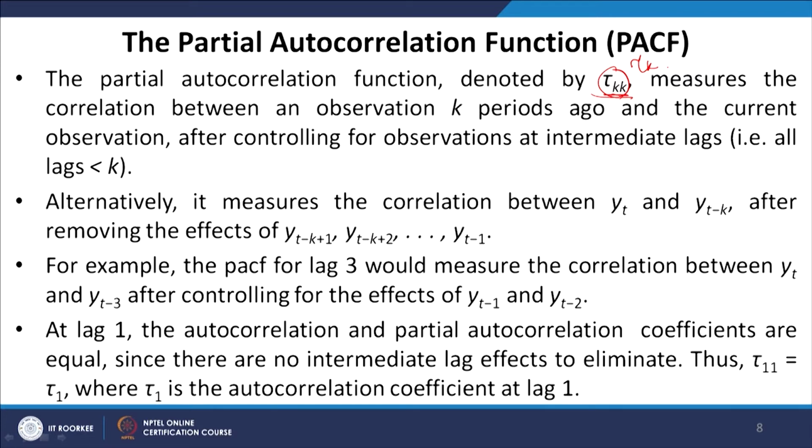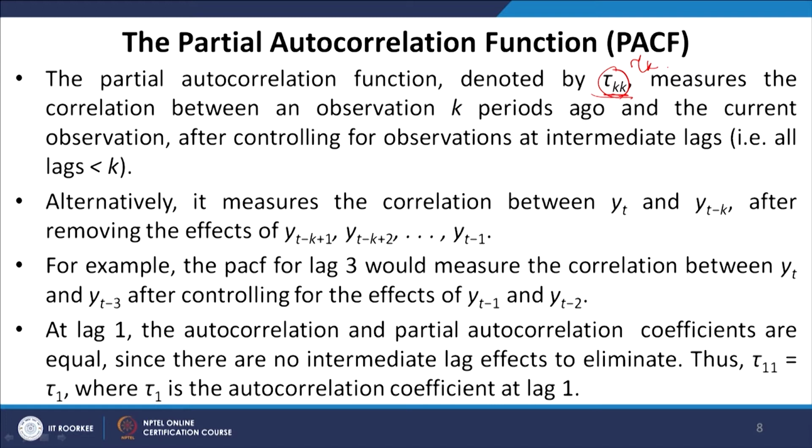Alternatively, it measures the correlation between yt and yt minus k after removing the effects of yt minus k plus 1, yt minus k plus 2 and so on up to yt minus 1, which essentially implies that all the intermediate terms have been removed, or their impact on the autocorrelation between these two terms is removed.